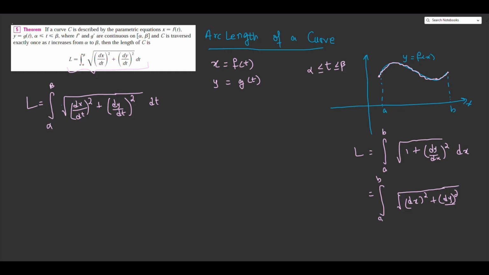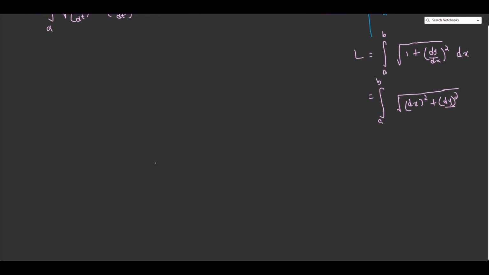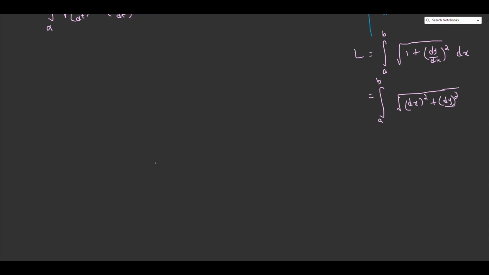So the problem is the same. We are going to solve the same problem which we have discussed above, but before this we can do a very simple example. So suppose that we have the following.